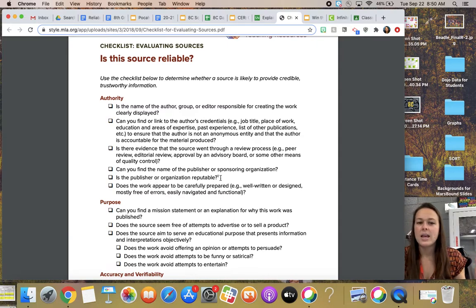Okay? Things where you think, they've consistently posted things that are not so truthful, so maybe we want to stay away from them. And does it appear to be carefully prepared, well written, not a bunch of typing errors, easy to read, that kind of stuff.